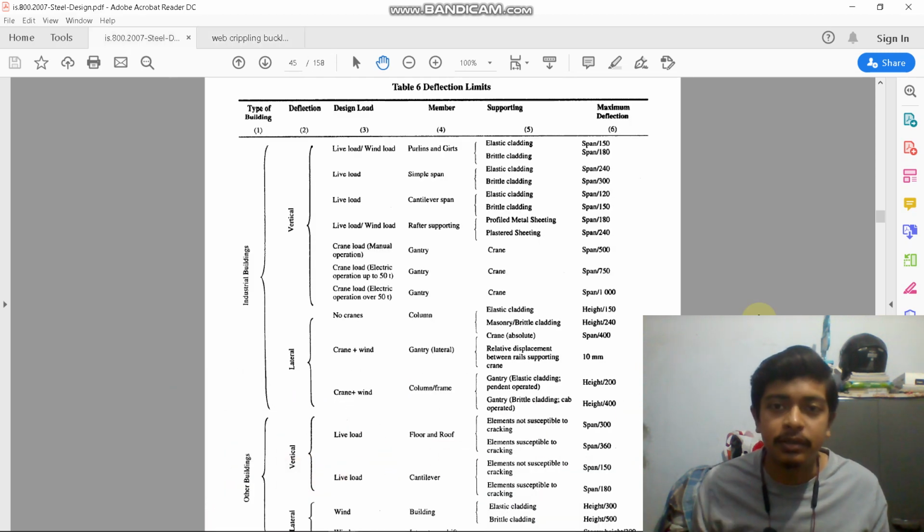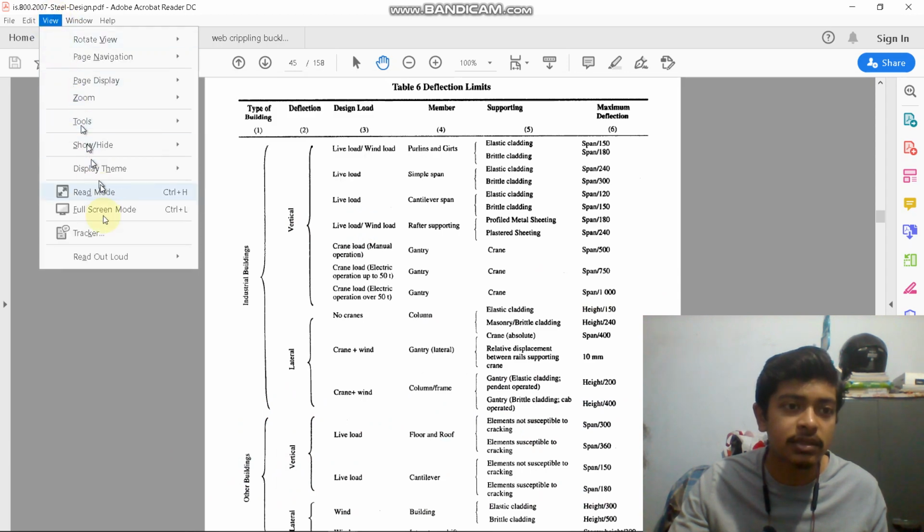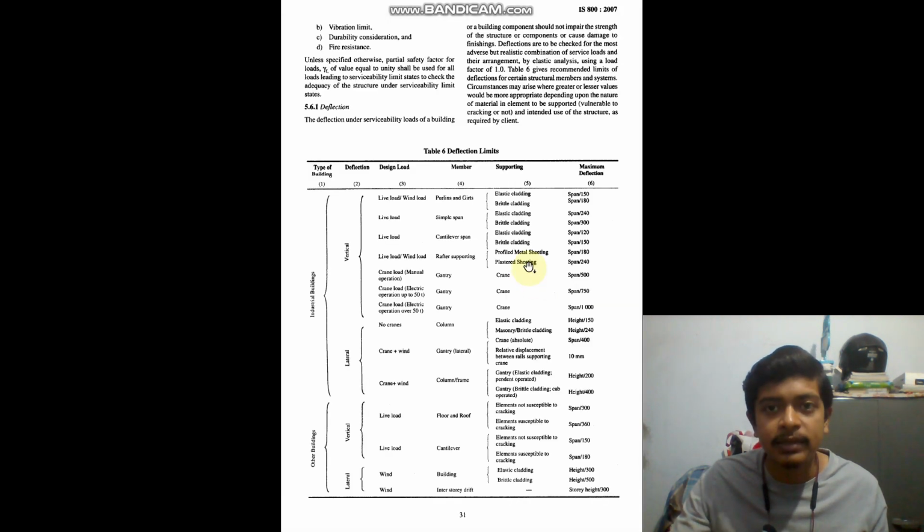We already discussed web crippling and web buckling, and the last thing we are going to do is check for deflection limits. On page 31 of IS 800, you will find Table 6, where deflection limits are specified for different kinds of members. Say for live load of a simple span, for brittle cladding, we take span by 300. It varies from case to case.